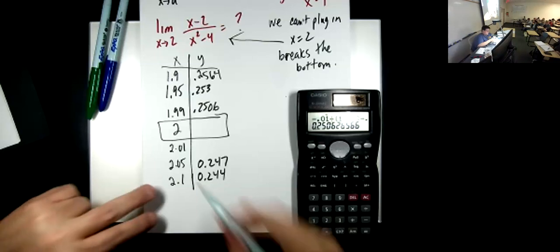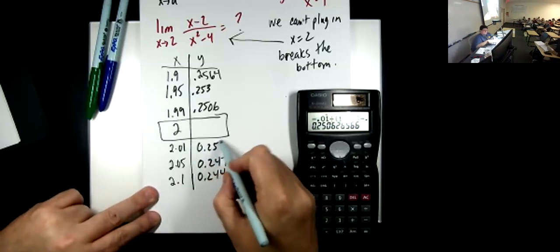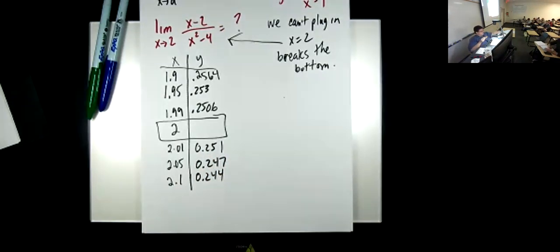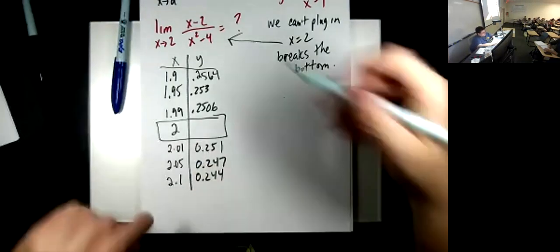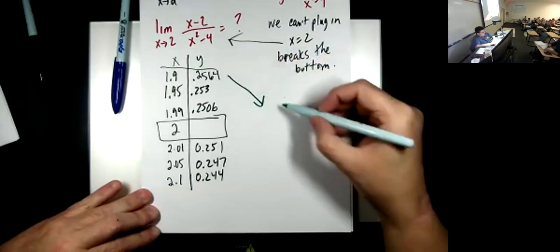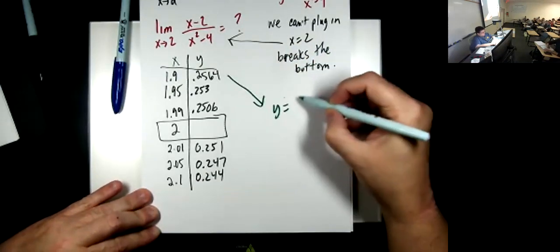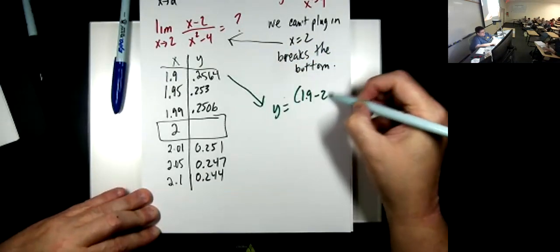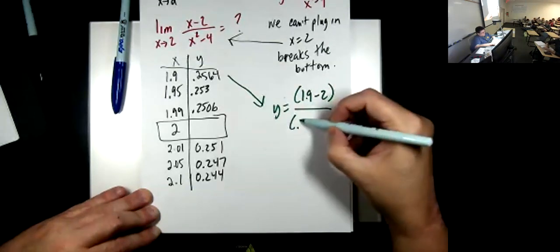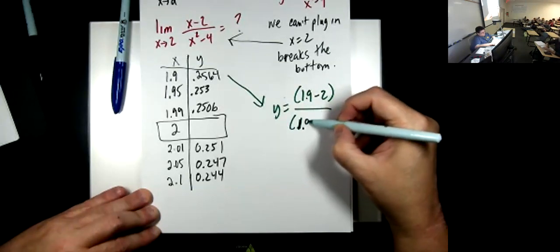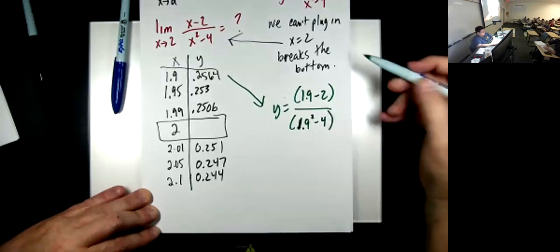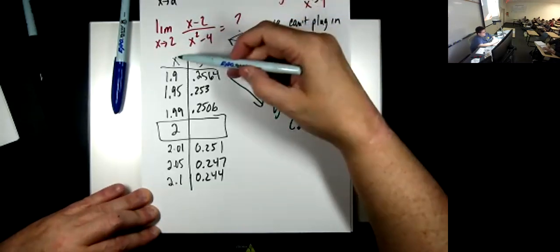And we had 0.251. I remember that. I'll write down over here what I did in the calculator. What I did was y equals 1.9 minus 2 over 1.9 squared minus 4. I was plugging in my x value into that.